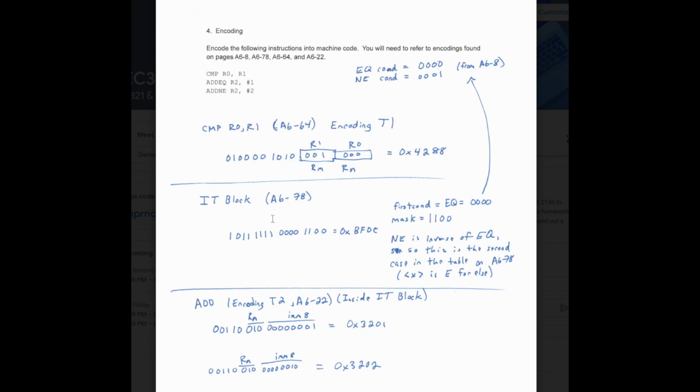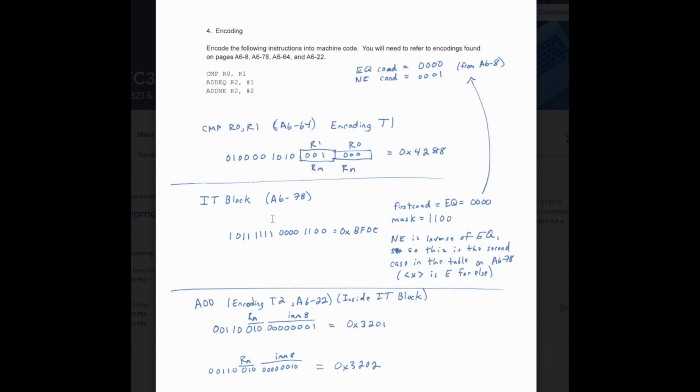The mask part is the hard part. So there we have to look at the table and see that basically what we encode is the first condition. So if we just had a single conditional instruction, we would have the IT block where we define the first condition, and then the mask would specify that we don't have any other additional conditionally executed instructions. It's just the one. And so first cond defines the first one.